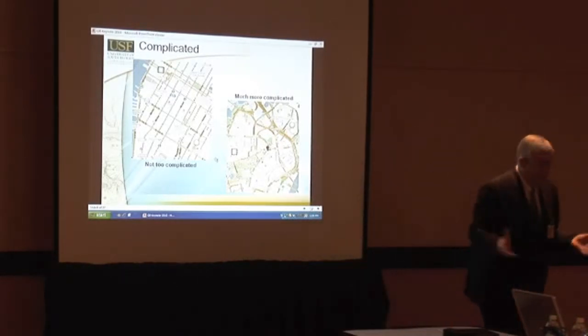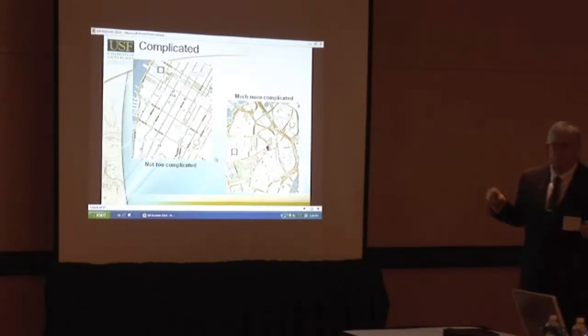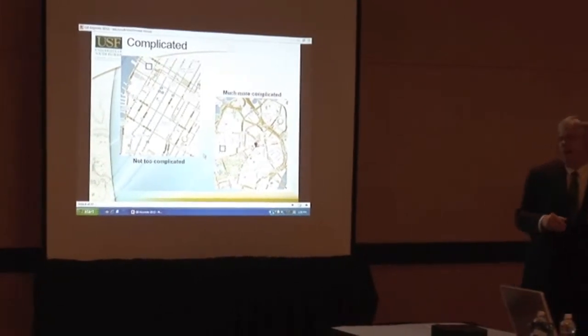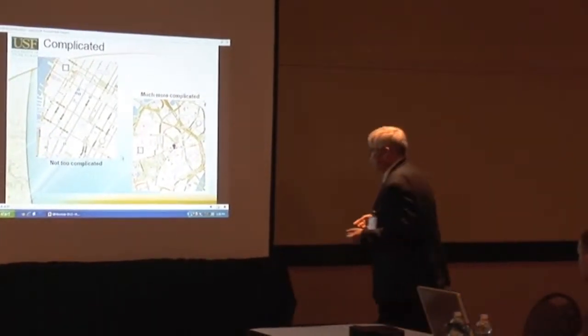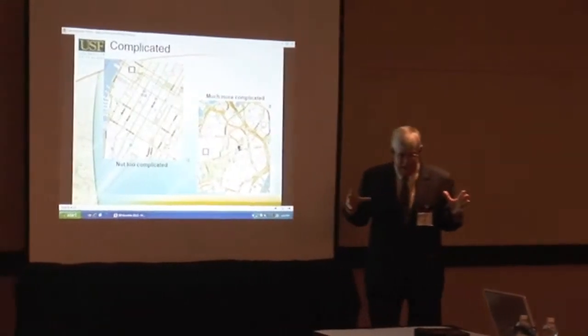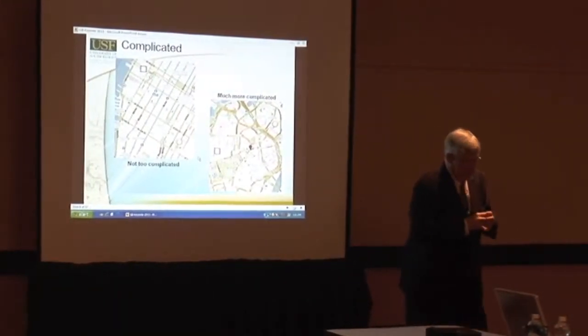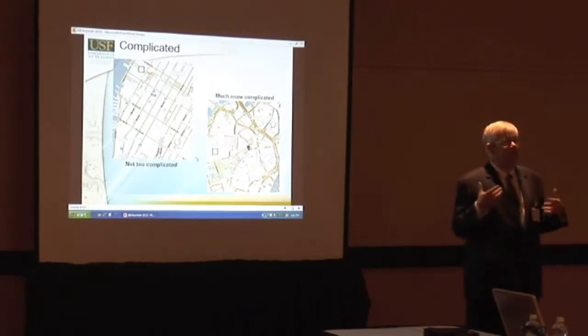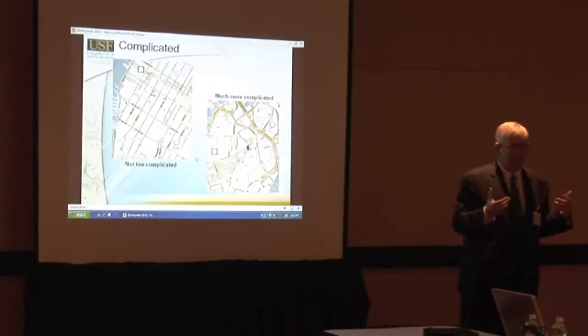Now, this is not the only way of dealing with problem space complexity. There are lots of other measures that have been proposed, such as the number of branches, McCabe's cyclomatic complexity, the actual theoretical minimum size of the problem space, something along the lines of Kolmogorov complexity and so forth.